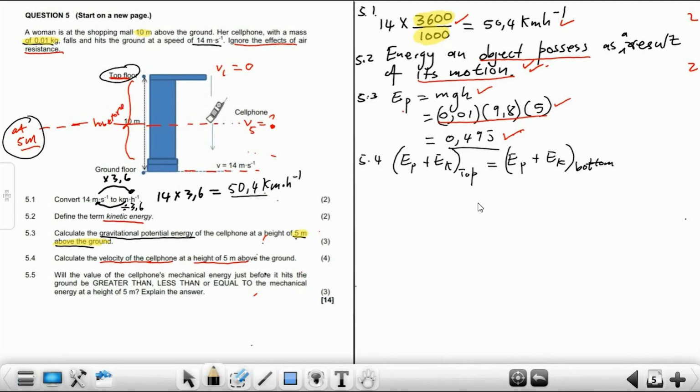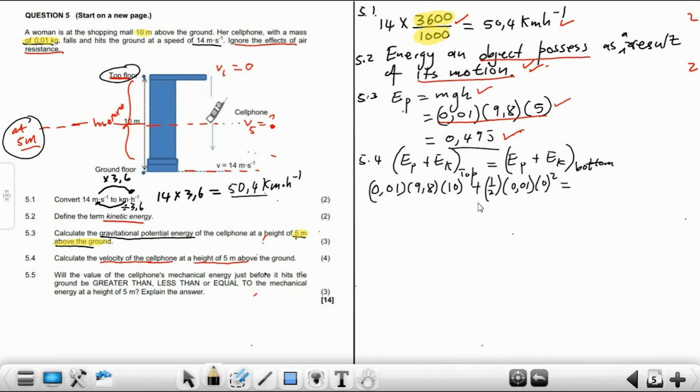But remember, our bottom is now at 5 meters. Then it's easy to say I have the mass, which is 0.01, I have g, which is 9.8, and I also have the height, which was 10 at the top, plus EK. It was dropped, so it will be half multiplied by the mass 0.01 multiplied by 0 squared.